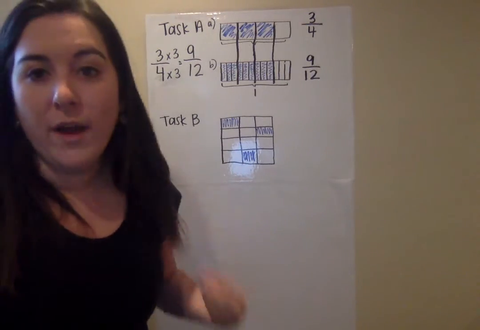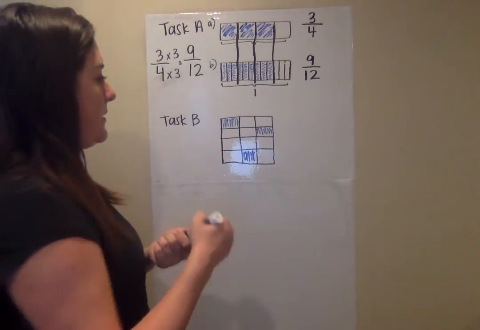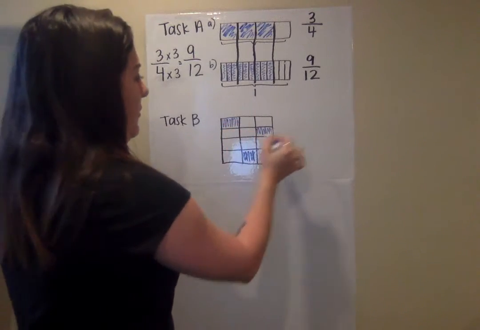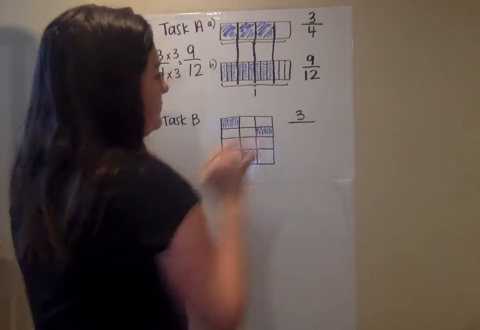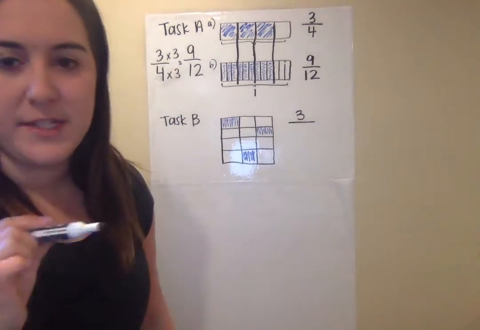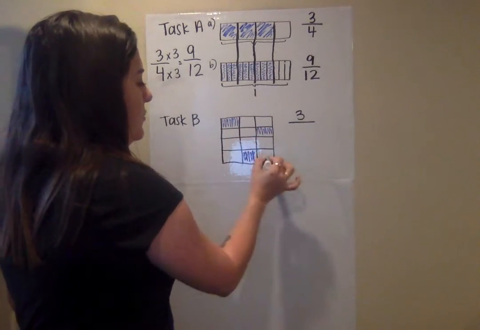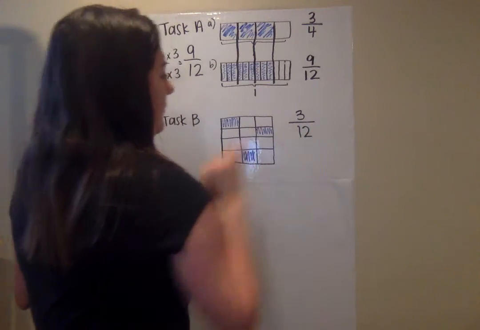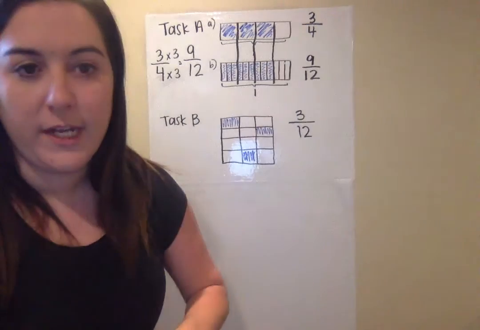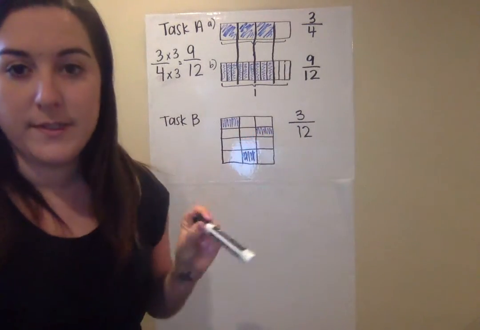So again, what fraction of the rectangle is shaded? So my numerator is going to be the shaded pieces. So 1, 2, 3. And then remember, my denominator is going to be the total number of pieces I have. So 3, 6, 9, 12. Right? So this fraction model is showing the fraction 3/12.